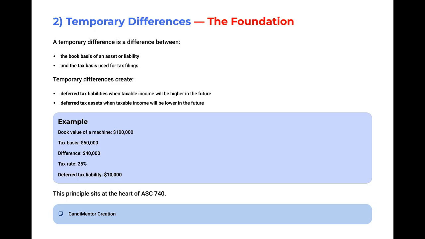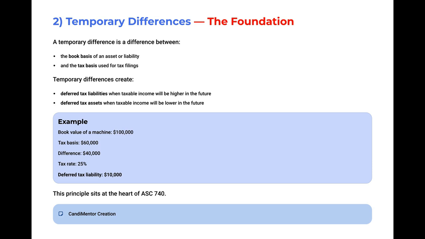Temporary differences, the foundation. A temporary difference is a difference between the book basis of an asset or liability and the tax basis used for tax filings. Temporary differences create deferred tax liabilities when taxable income will be higher in the future, and deferred tax assets when taxable income will be lower in the future.